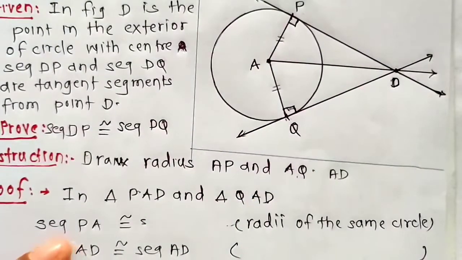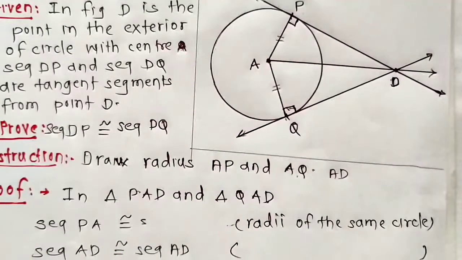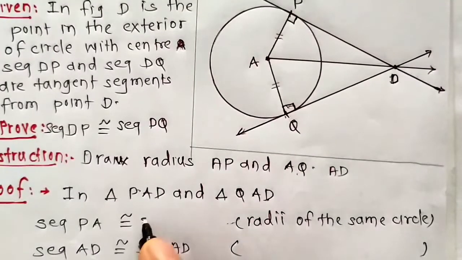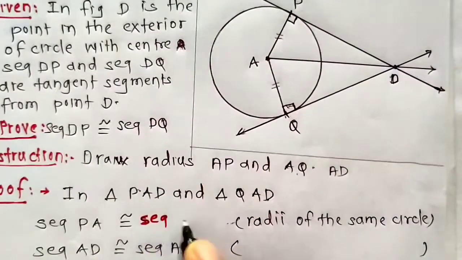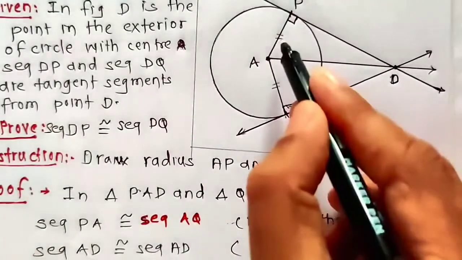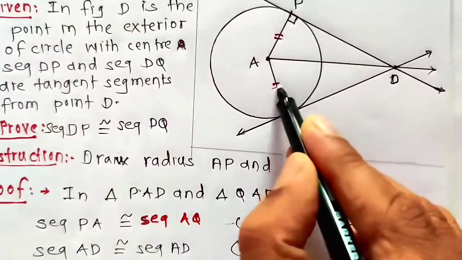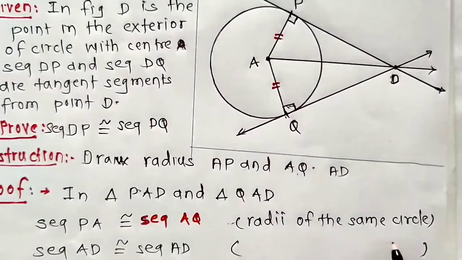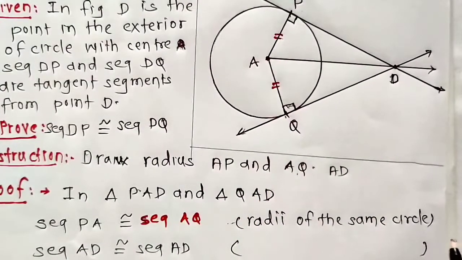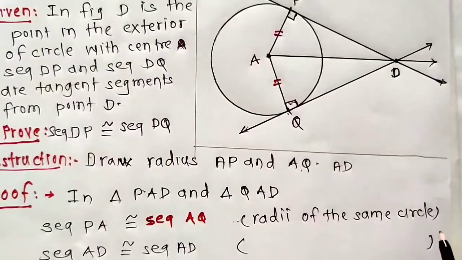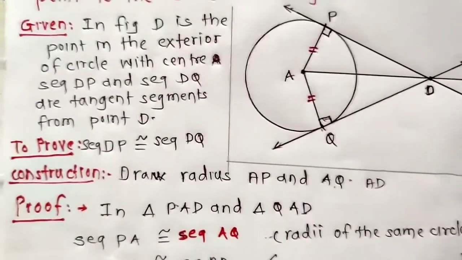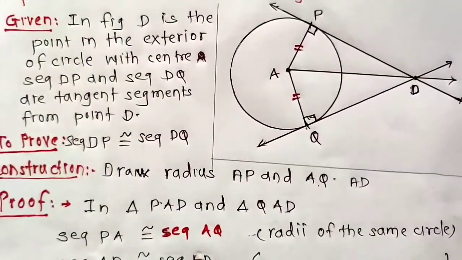So here PA is given, we have to write is equal to segment AQ. The reason is already given: PA and AQ are the radii of the circle, and you know the radii of the same circle are congruent, and that's why we wrote here PA is equal to AQ.